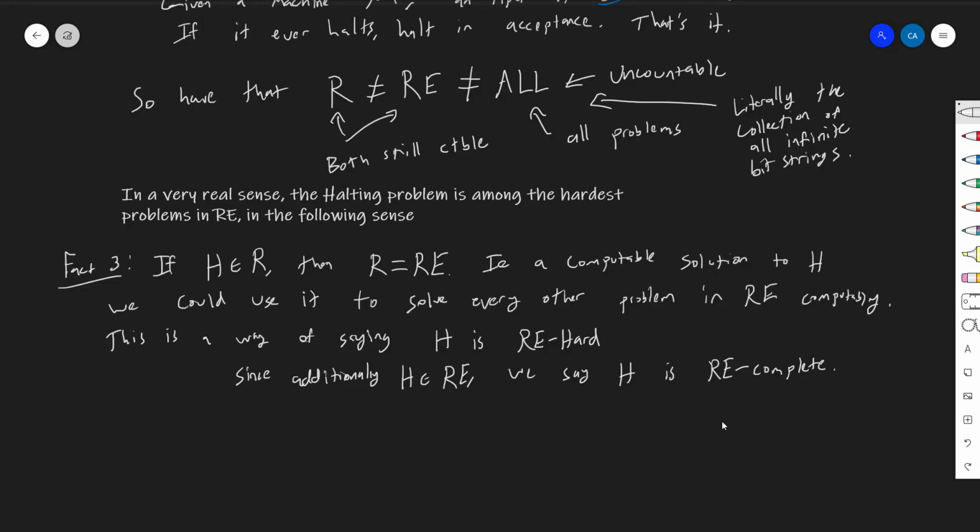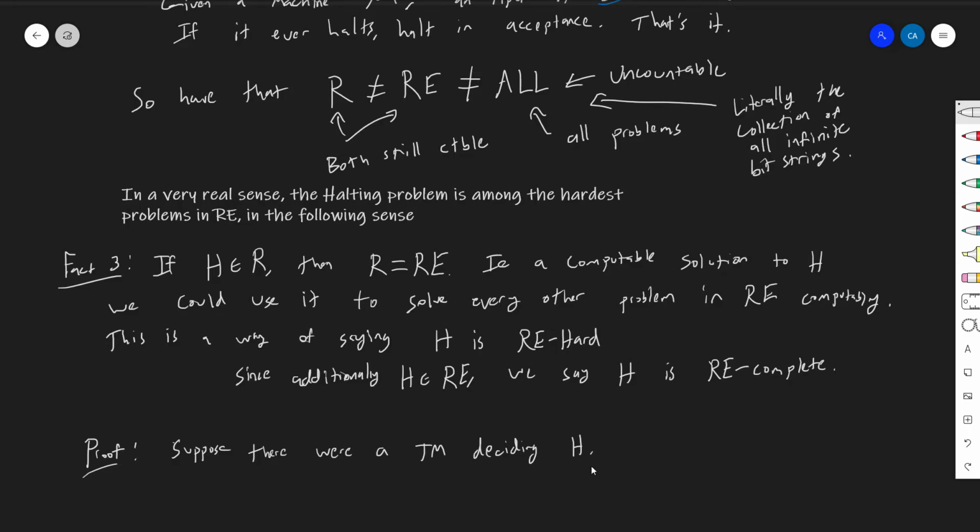So why is that? Here's the proof of that. Suppose there was a Turing machine deciding H. And I know there isn't, but this is still a pattern worth staring at.